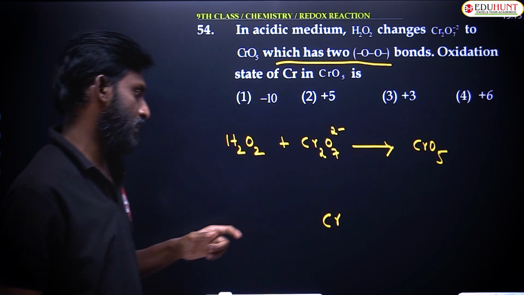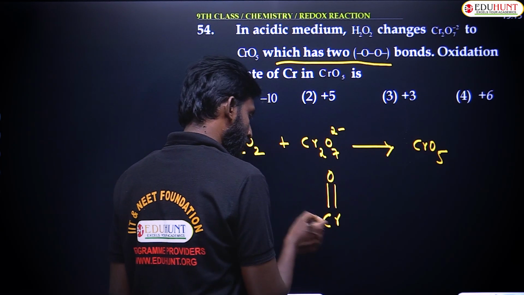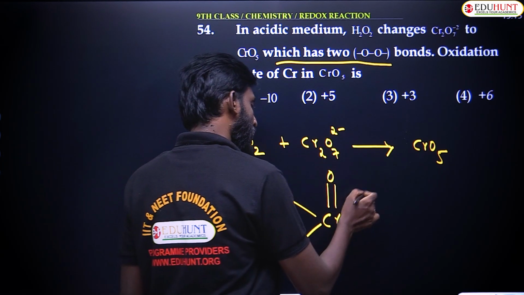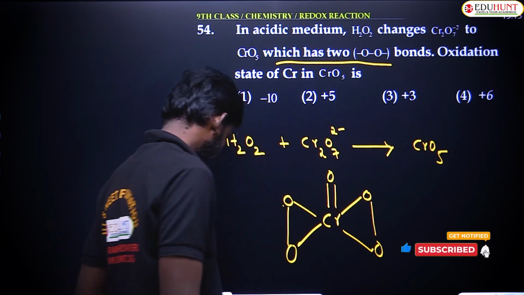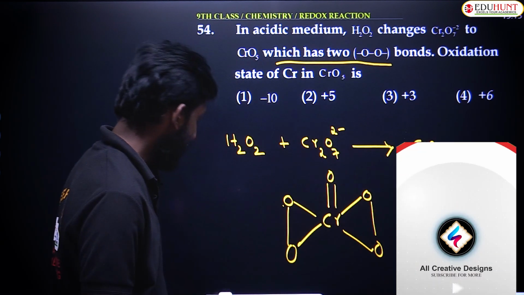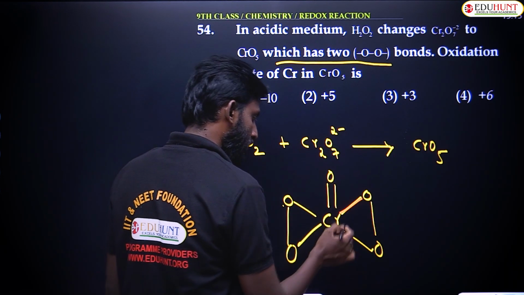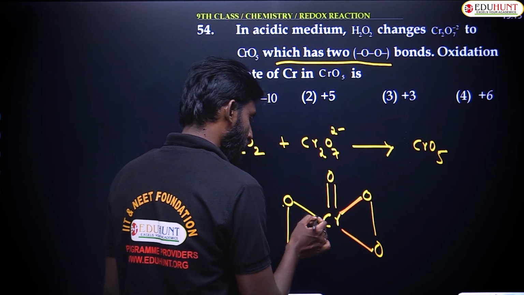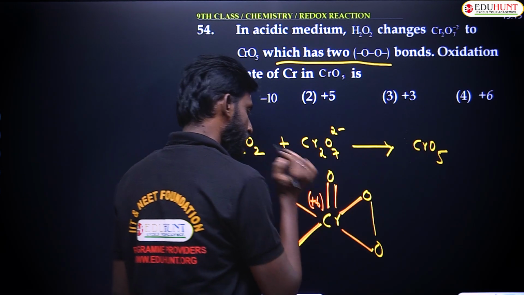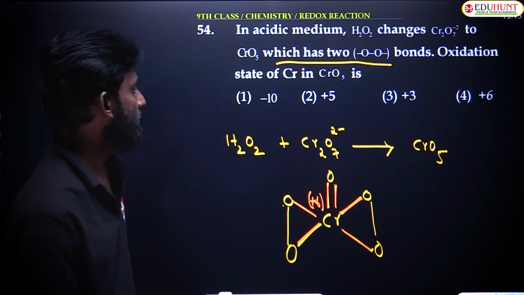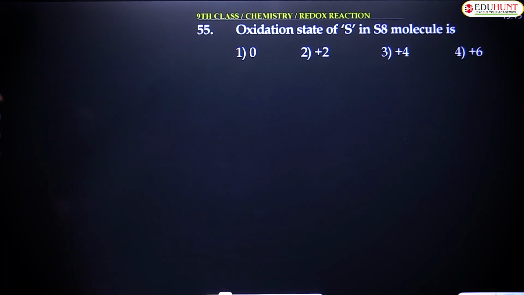This compound is an example having peroxy bonds, and the structure is butterfly-like because of the presence of two peroxy linkages. The oxidation state of the central atom comes out to be +6, the maximum oxidation state of chromium.